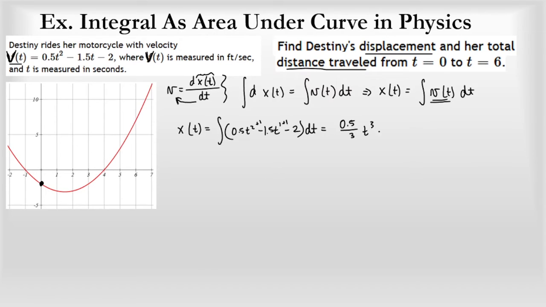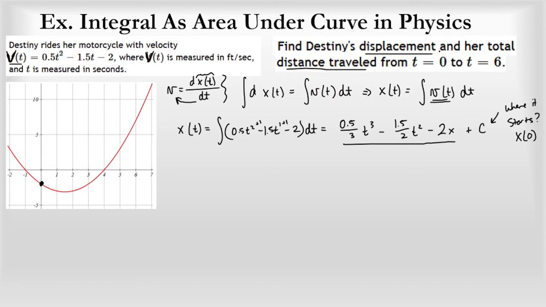I have a 1 here, so I get +1, minus 1.5 over 2 t squared, minus 2t. And technically there is a +c here because I don't know where it starts in terms of the position at time 0. It doesn't tell me anywhere in the problem where it starts at time 0. So I'm just going to leave the +c there. Okay. And that will be my position function. I'm just going to leave it like this.